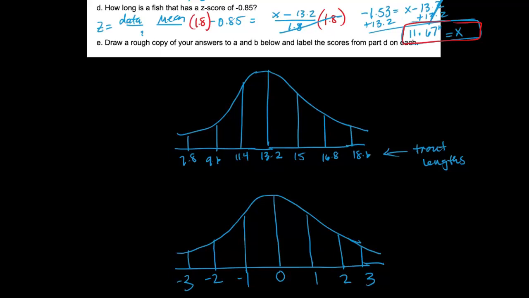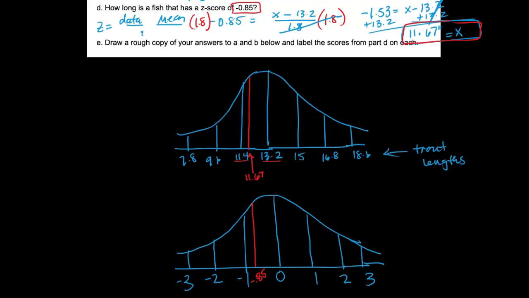So 11.67 would be somewhere between 11.4 and 13.2, so it'd be about maybe right there. Okay, and then that had a z-score of negative 0.85. And if we look at the standard normal distribution, negative 0.85 is between 0 and negative 1. It's closer to negative 1. It would be about right here. So we can see that the line placement is the same in both of these graphs.